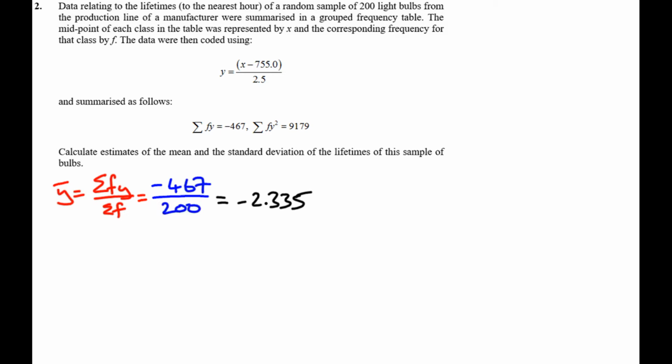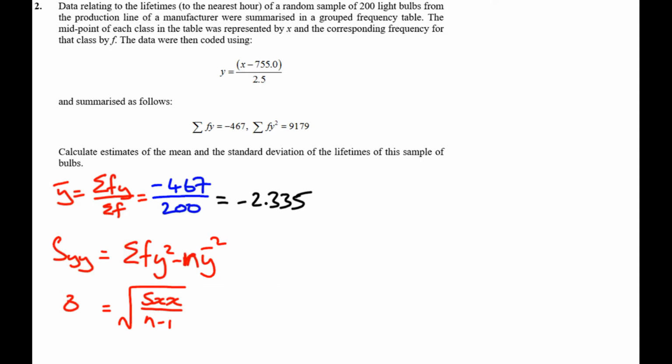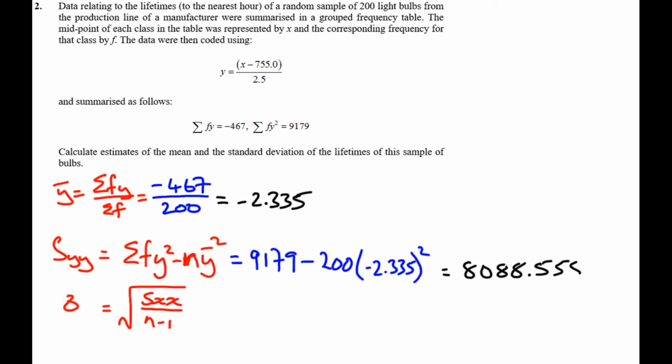We know that first we need to find Y bar, and then we find the Syy. And then after that, we can find the sample standard deviation. All right, let's substitute those values in. The sum of Fy squared, nicely, we've been given. This is our 200. And that leads us to an answer of 8,088.555.